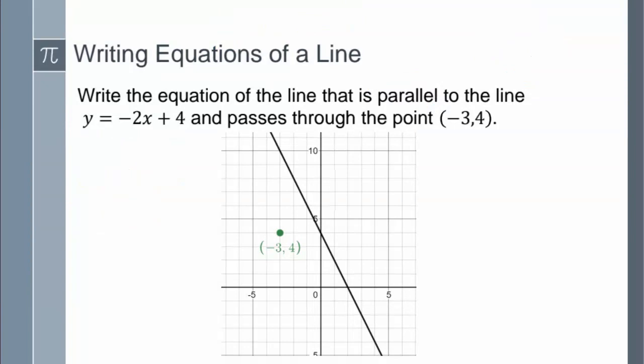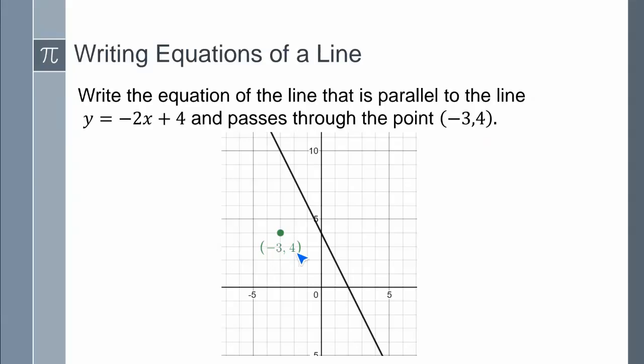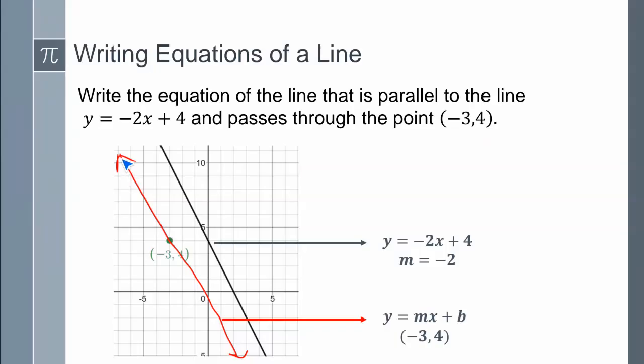Okay, so here's just an idea of what we have. This black line here is the line that I underlined, which was y equals -2x plus 4. The point they give me is -3 and 4. And so essentially we want to find the line that is parallel to that one, which is going to be this line passing through that point.